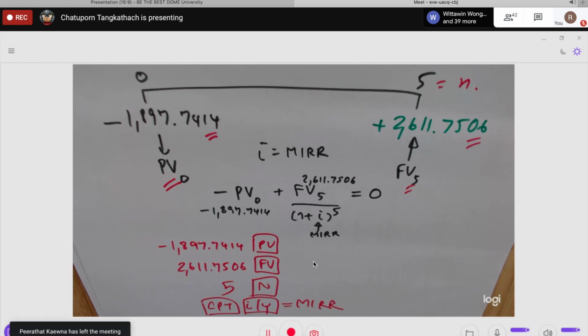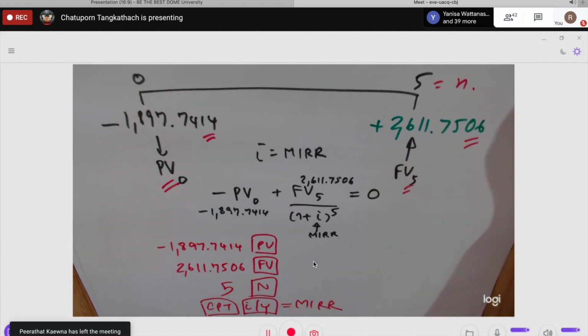In fact, you can practice MIRR for the other 4 projects later on. But I would like you to grasp the concept here that when you have non-normal cash flows, the rule for MIRR is that all cash outflows must be present value.